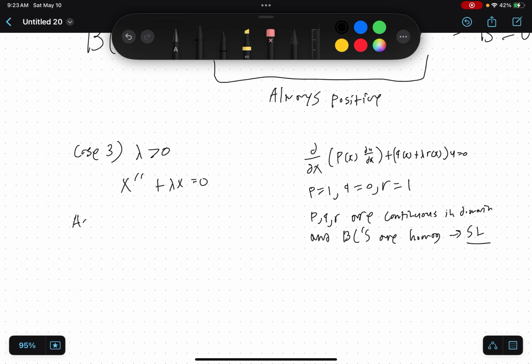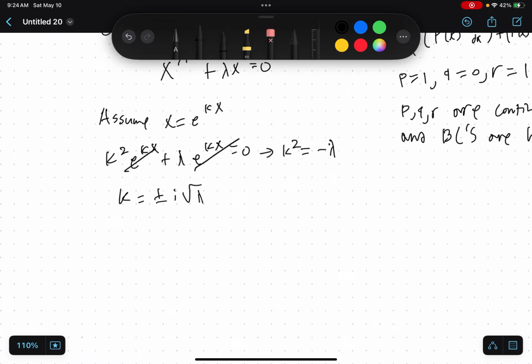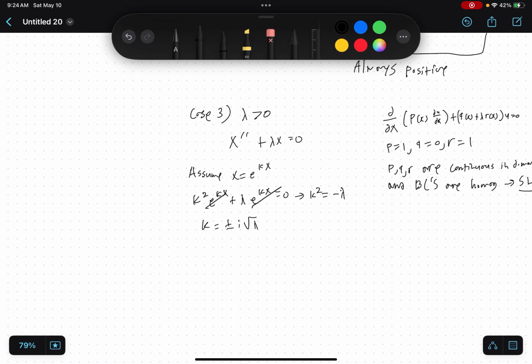Assume x equals e to the k x. So when we plug this in, we get k squared e to the k x plus lambda e to the k x equals 0. Cross those out. We have k equals plus minus i root lambda. Because we got k squared equals negative lambda. When we take the square root of negative lambda, we can pull out the -1 as i.